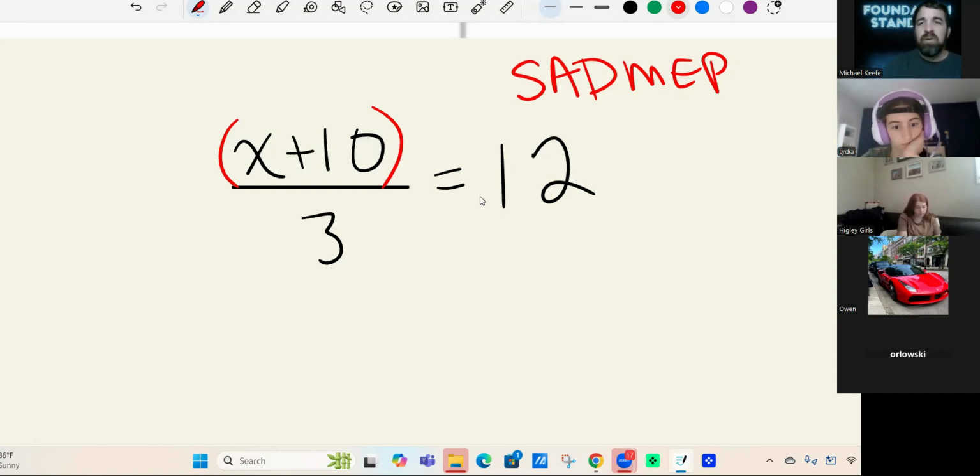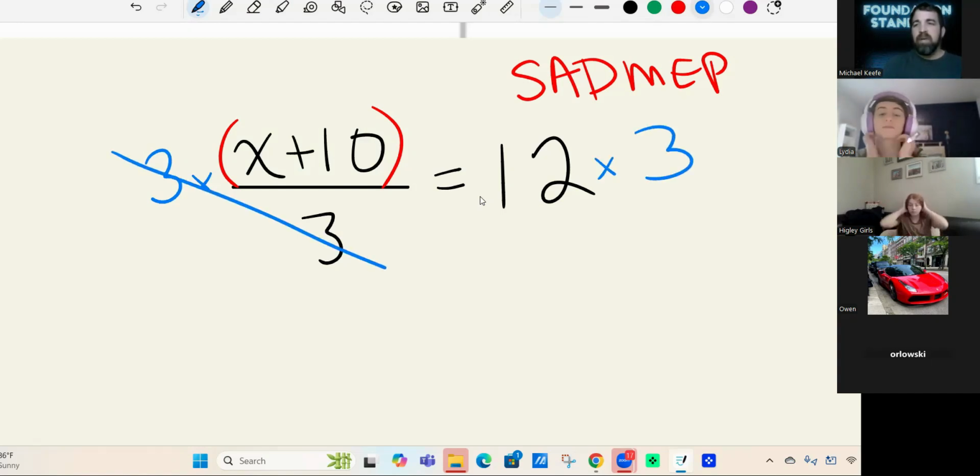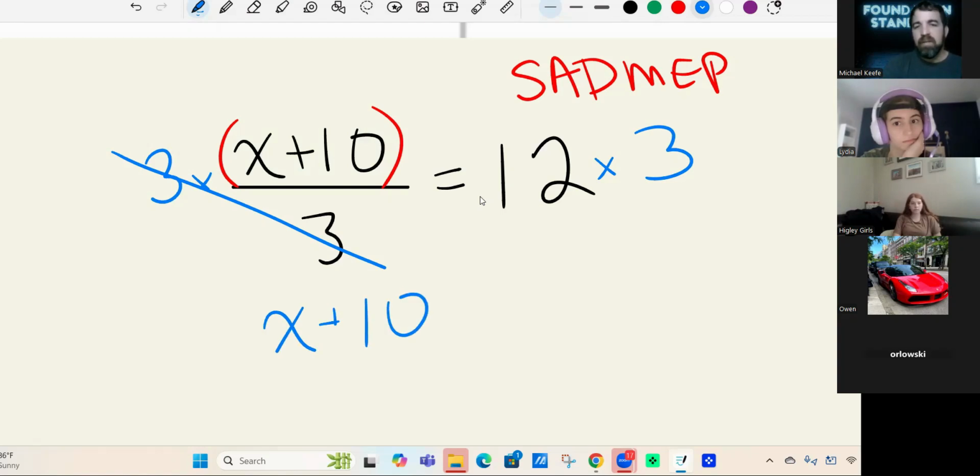So what we'll do if we ever see something like this is multiply by whatever's in the denominator to get rid of it, because multiplication cancels out division. They're opposites. So that would clear that fraction, and it would leave me with just x plus 10 equals 12 times 3, which is 36.